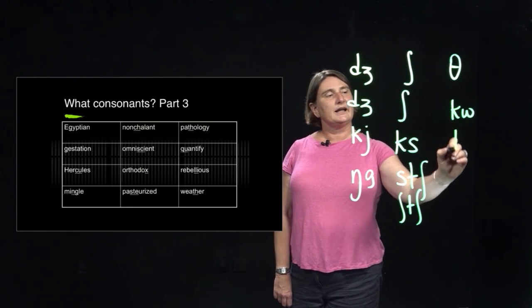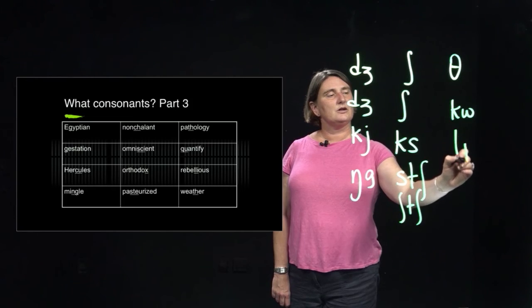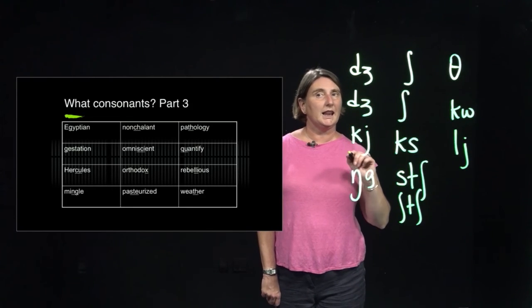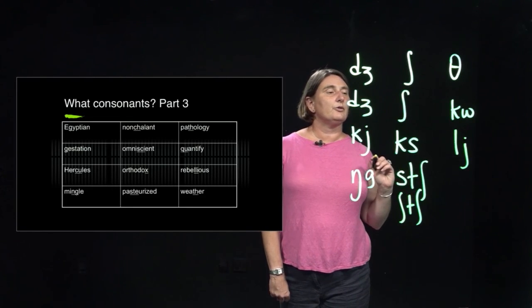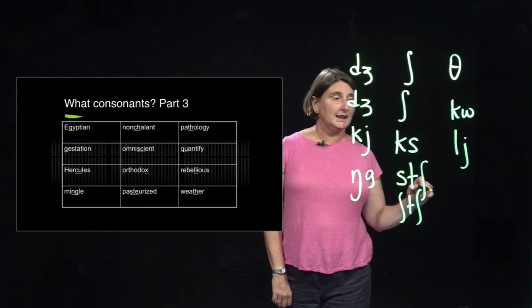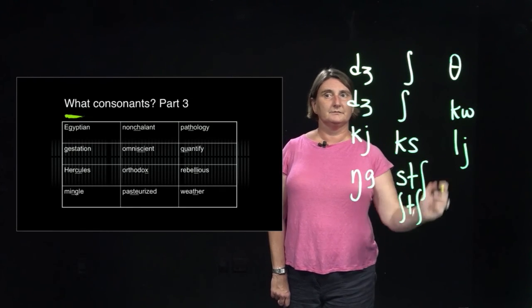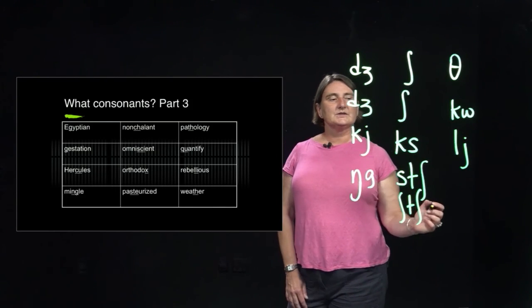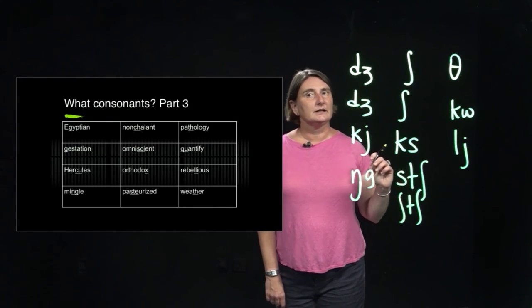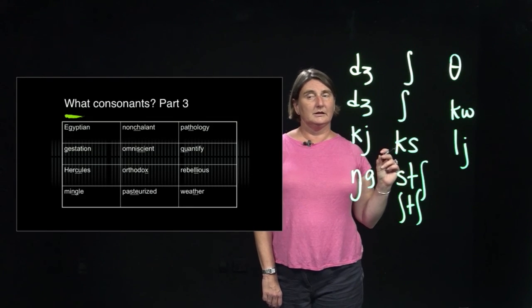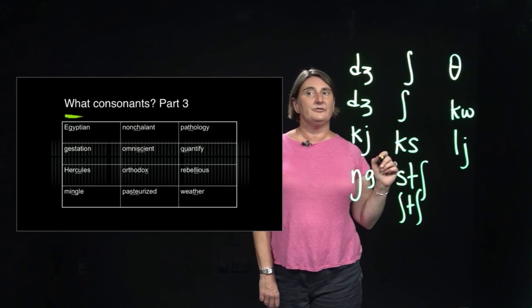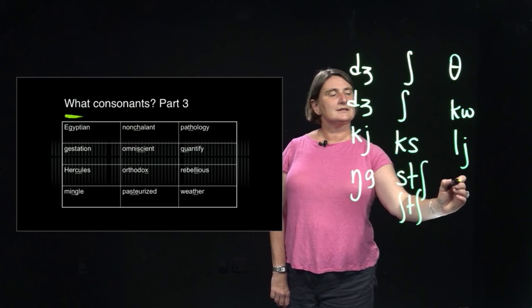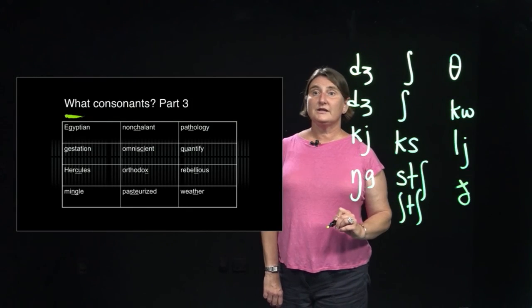So definitely an L, and you'll also want a ya, rebellious. So it's not rebellious, but rebellious. So you need the ya. And last one there is weather, weather. So again, decide, is it the th of this or the th of thin? And I hope you will decide it's the th of this in weather.